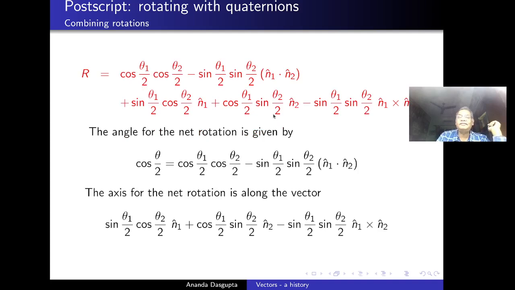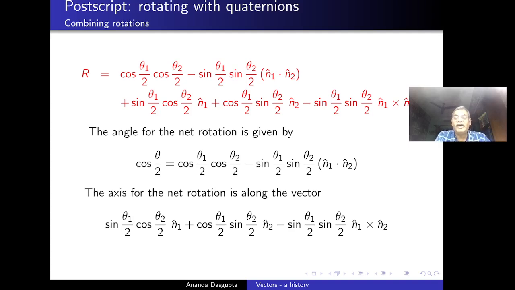What about the axis? Well, you just take this vector part, and if you want the unit vector, of course, you would have to divide by the length of this. I've not bothered to do that here, but you can easily figure that out yourselves. But you can see the utility of this. Pure multiplication would simply give you something as complicated as a rotation. If you have studied rotations in 3D, you would know that it's a pretty complicated thing to do.